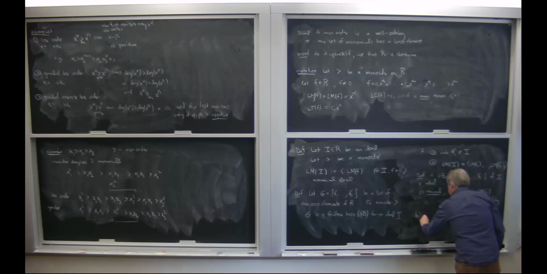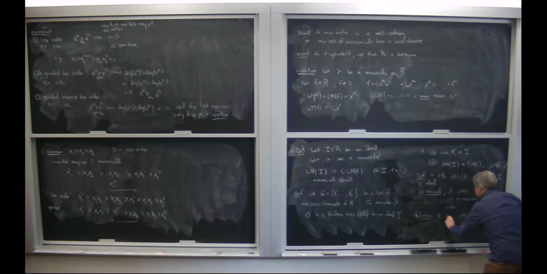B, it's monic if the lead coefficient of each Fi is equal to 1 for all i. Okay, makes sense.